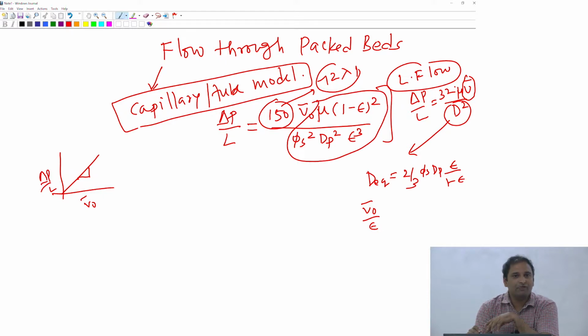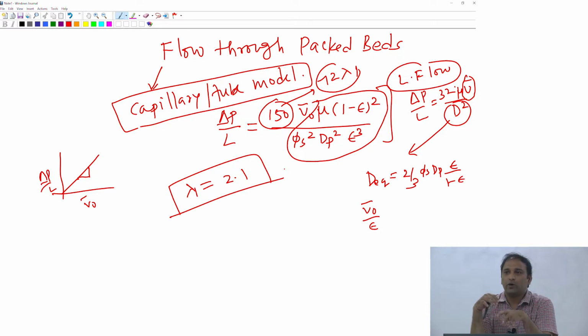People have found that that is of the order of 150, which basically gives you your lambda 1 as 2.1.